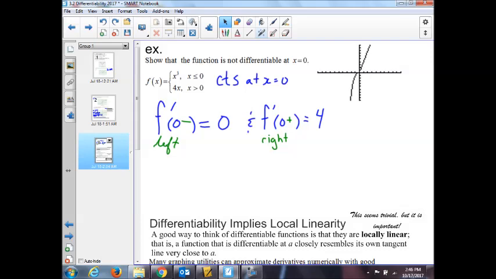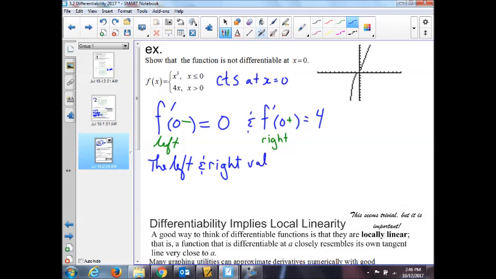So you're right that the left and right derivatives don't match? That's right. We could say the left and right values aren't the same for the derivative.